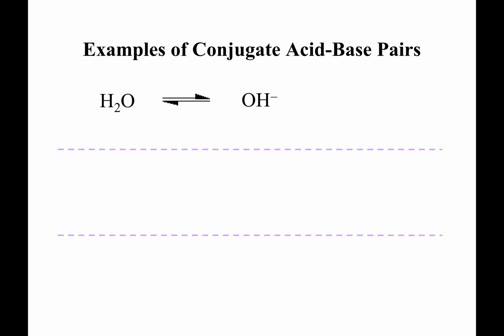So here's some more examples. You can see how they differ by a proton. And again, which one is the acid or base? Which one gets the word conjugate? I don't care. Conjugate acid-base pairs.